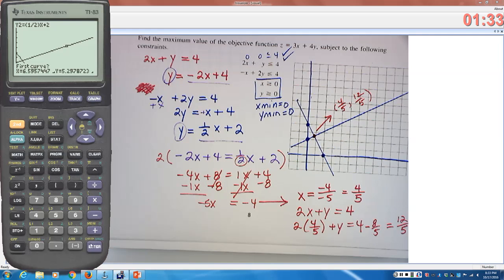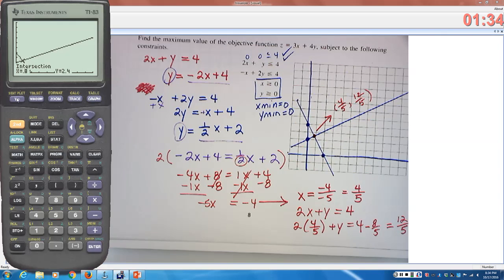Yes, that's one of them. Yes, that's the other one. So basically, you just hit second, trace, number 5, enter, enter, enter. And it says there's your intersection point, and it gives it to you as decimals.